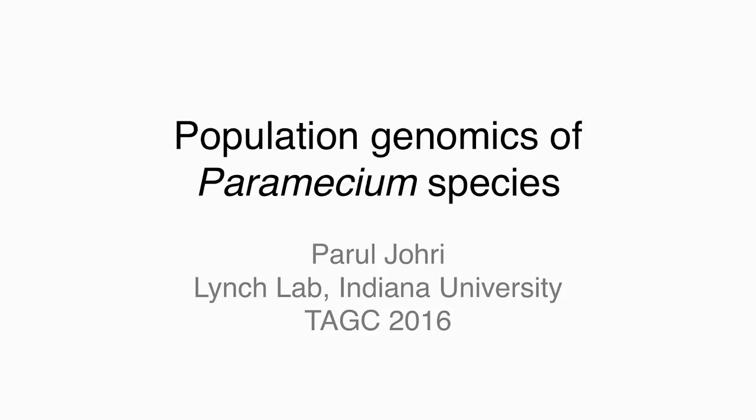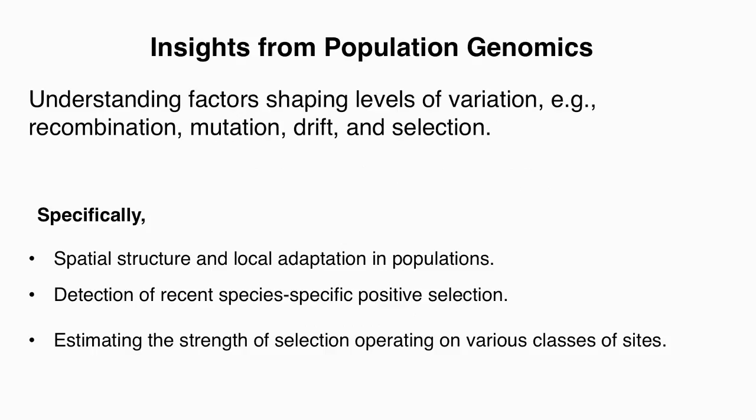So today I will be talking about population genomics of Paramecium species. Quantifying within species variation is important for a population level understanding of key processes in evolution. In the last decade, there has been a burst of population genomic studies that have allowed us to understand factors that shape patterns of variation, like recombination, mutation, drift, and selection.